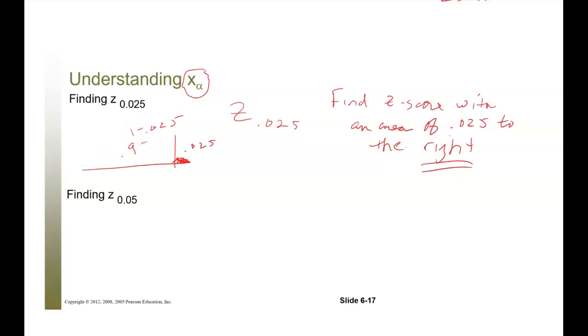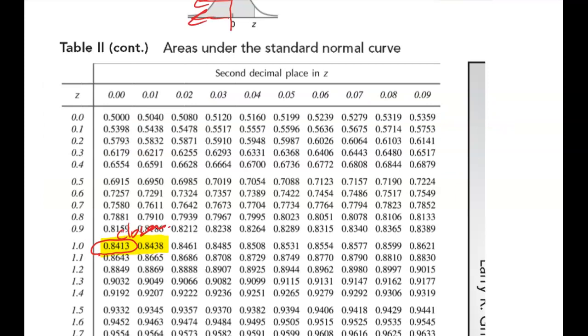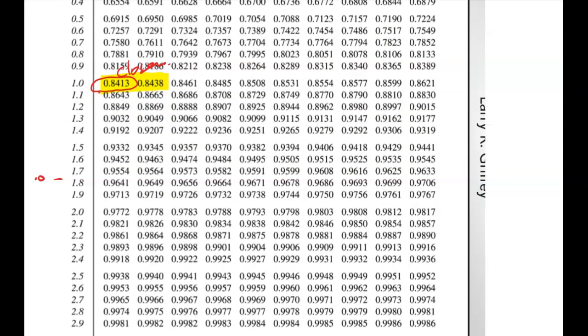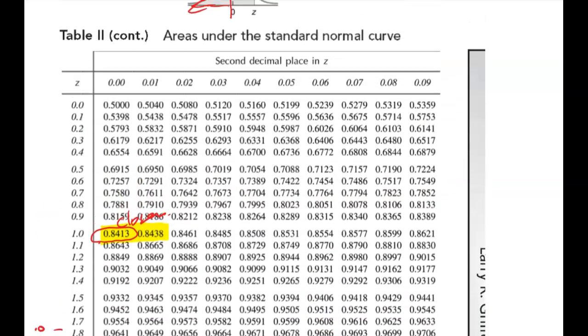Sorry, I wrote that backwards. That's going to be way down there. So 9750. There it is. 0.9750 is 1.9, that should be a 6. Yep, 1.96.